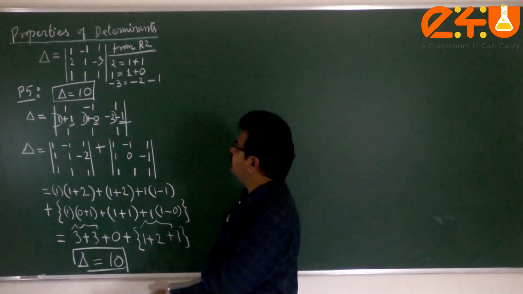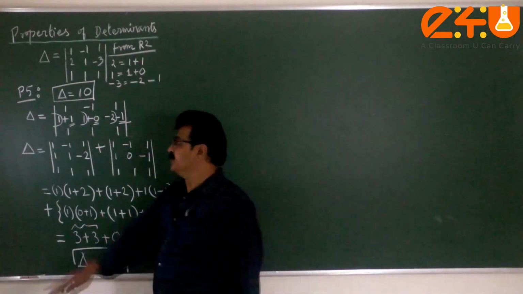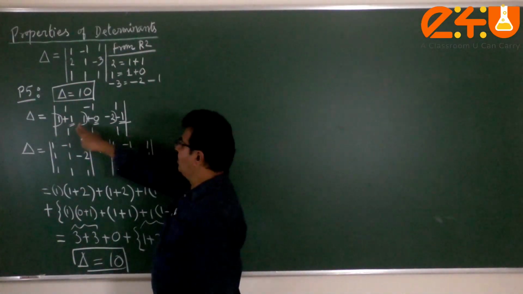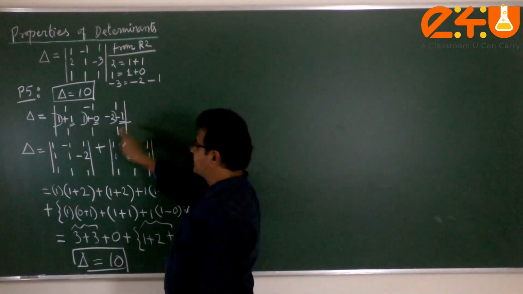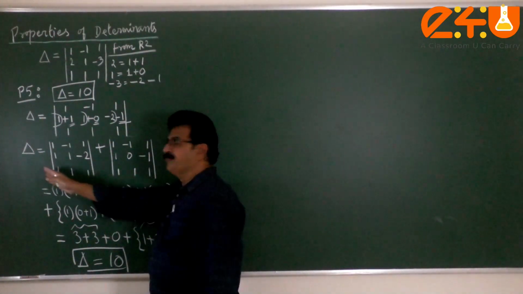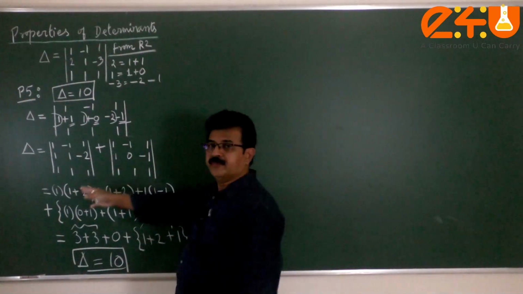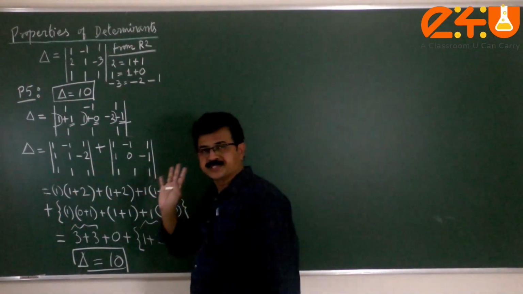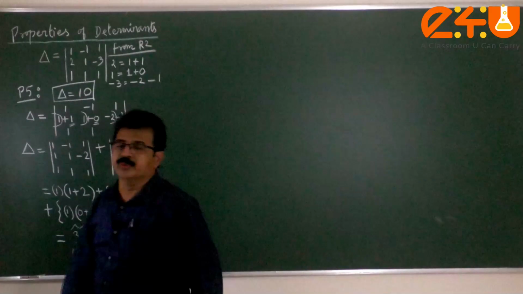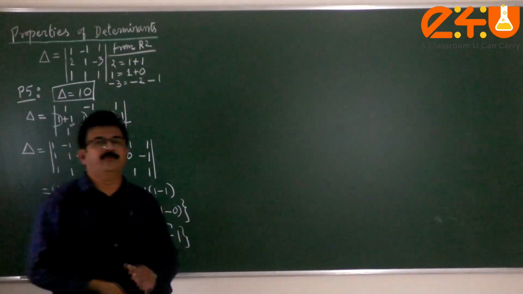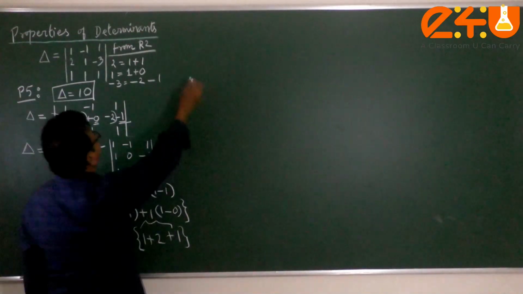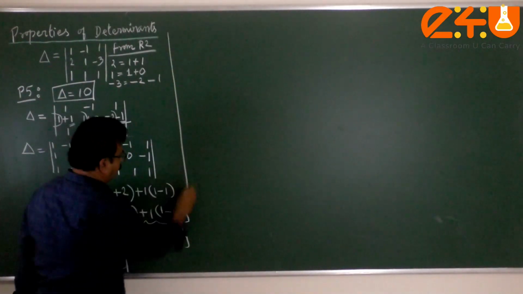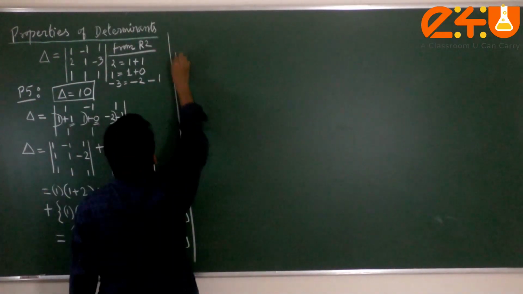When it is in the form of variables, let us say x plus y, y plus z, z plus x, then the students can simply write it as x, y, z in one determinant, and y, z and x in the next. That way you are able to make the simplification a bit easier. So that is the effectiveness of property P5.